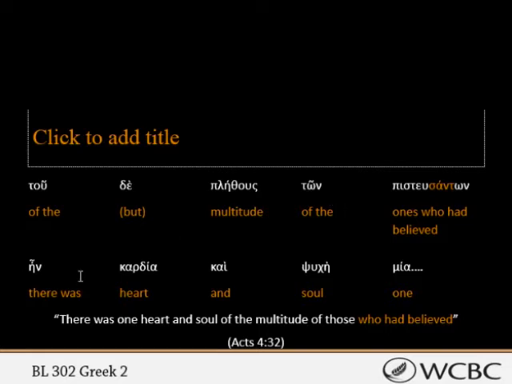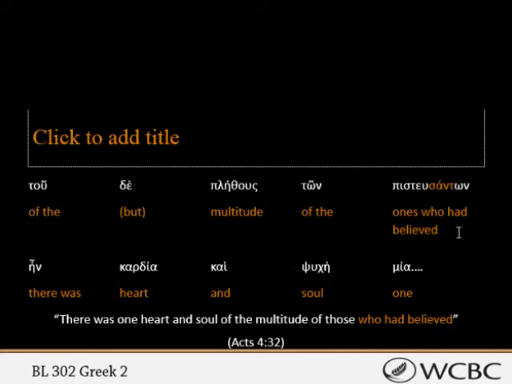And so if our main verb is "there was," and then our participle is an aorist participle, it would be dealing with time that would be prior to the time of the main verb. So the main verb is past time. So prior to that past time main verb is where we would have the timing of the participles. So "the ones who had believed" would be the way that we would translate this.